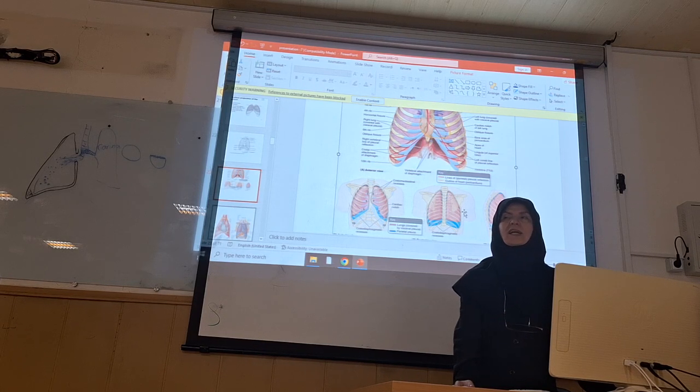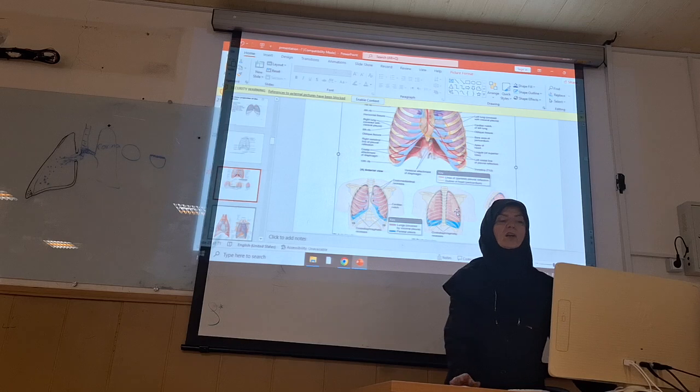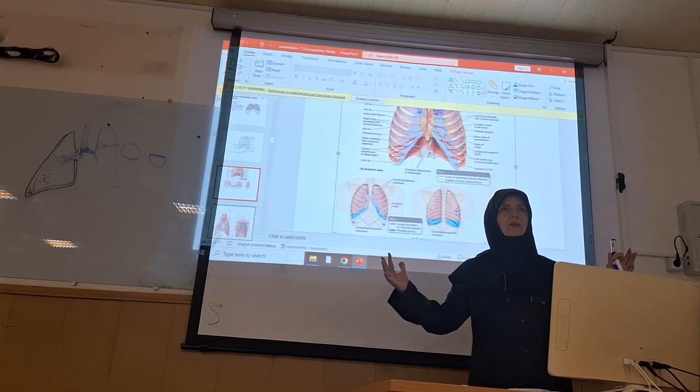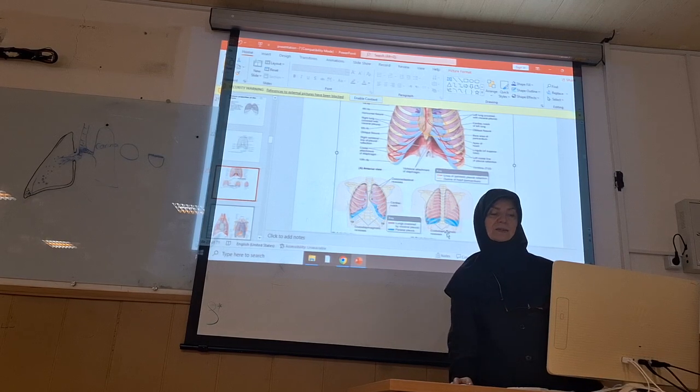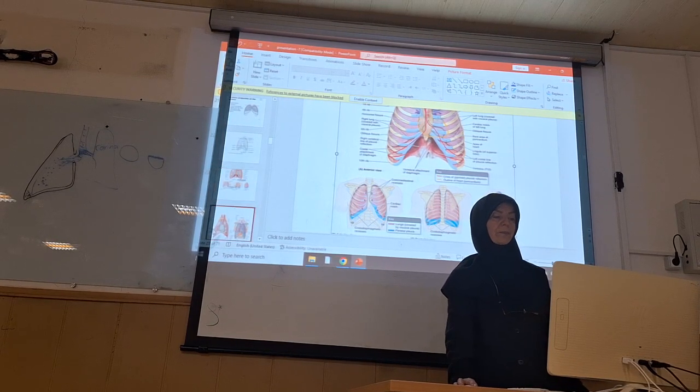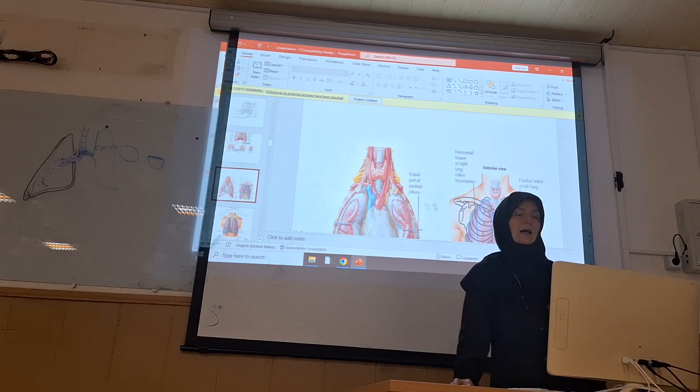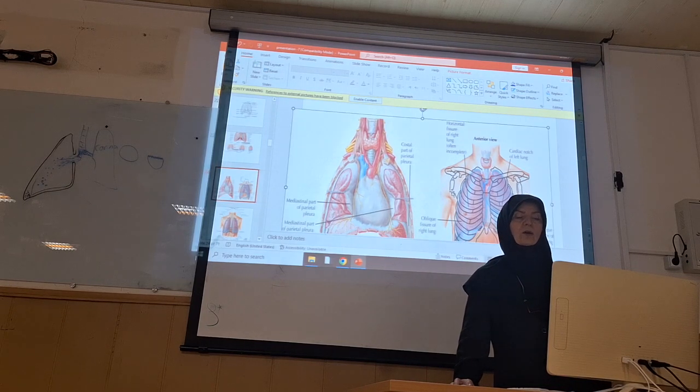During inspiration, when the lungs dilate, they expand a little into this space. Now, in this view, you are going to look at the anterior surface of the cupula, the anterior surface of the apex of the lung.